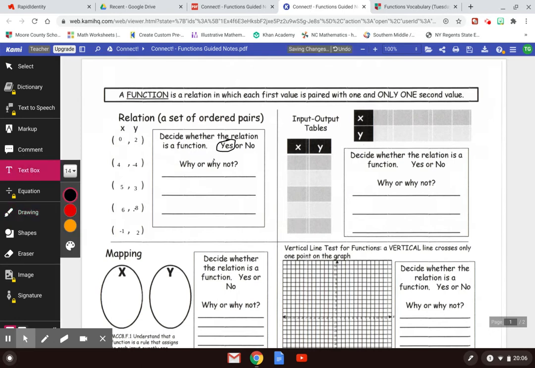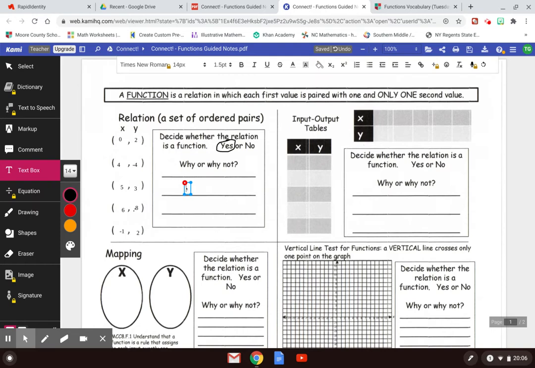And the reason it is a function is because the x values never repeat, and there is only one input paired to one output.